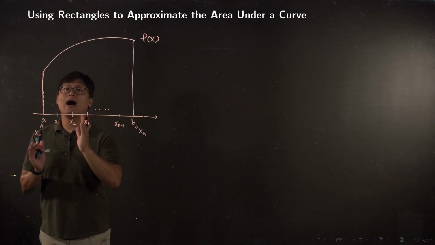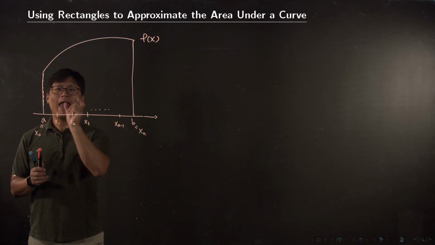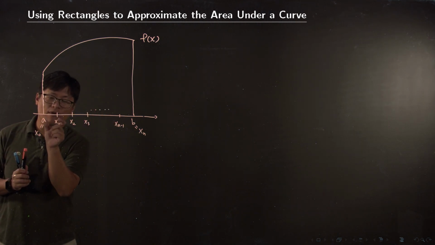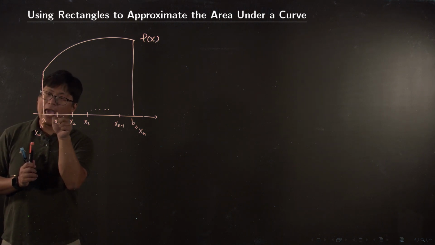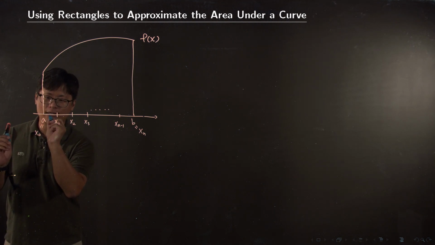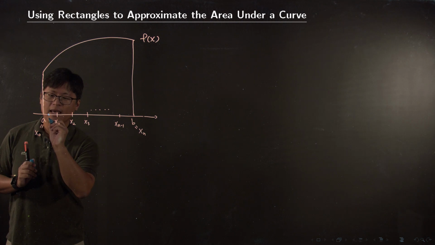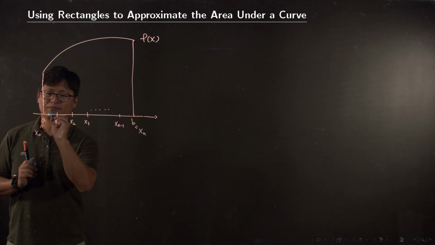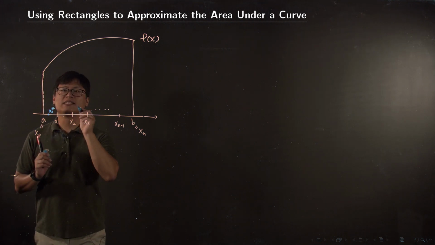Now we need the height of the rectangle. For that purpose, we choose any point. Look at this first subinterval, from x0 to x1. You can choose any point in this subinterval. For example, I chose this point in the first interval. Let's say that is x1 star. We call that the sample point.